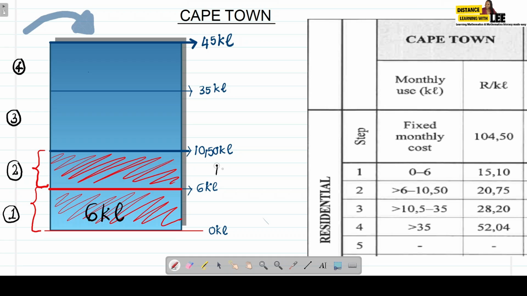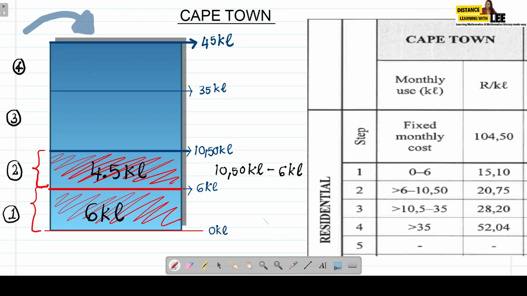We will take that 10.5 kiloliters and minus the 6 kiloliters to get how much water was poured in there. So if you take 10.5 and minus your 6, you will find that 4.5 kiloliters of water was poured in that region, so that we get to that 10.5 kiloliter mark.